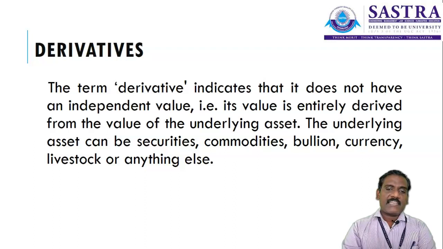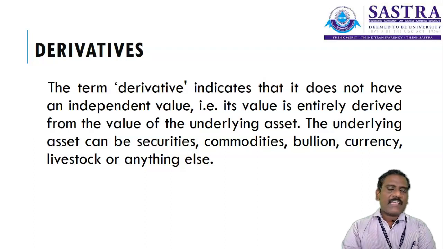The underlying asset can be securities, commodities, bullion, currency, livestock, or anything else. So the derivative does not have any independent value; it purely depends on the value of the underlying asset.